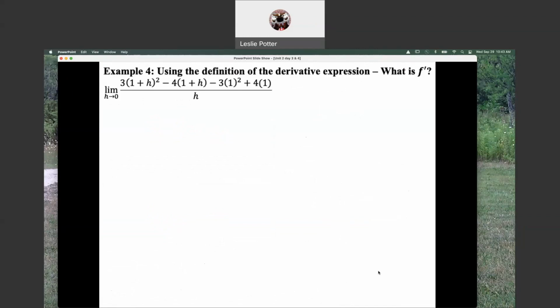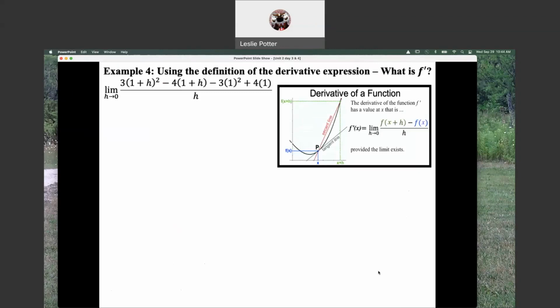Okay, here it is. What's the answer to that question? I don't know. Okay, but I know it's asking for the derivative. So somewhere in this expression, I've got to find a function. So looking at the 1 plus h, that's really just what? Think of that according to this definition.